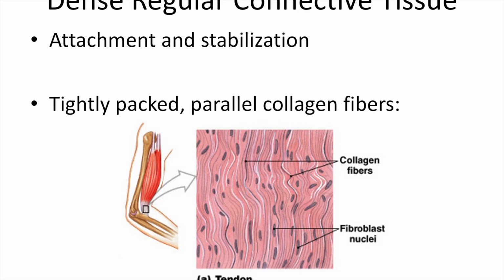So if we look at probably the most organized form, dense regular connective tissue, it is forming tendons and ligaments. And it plays a large role as part of the skeletal system in attachment and stabilization.